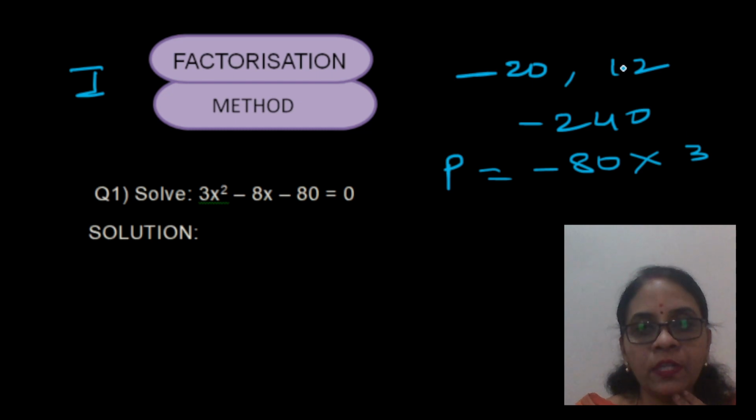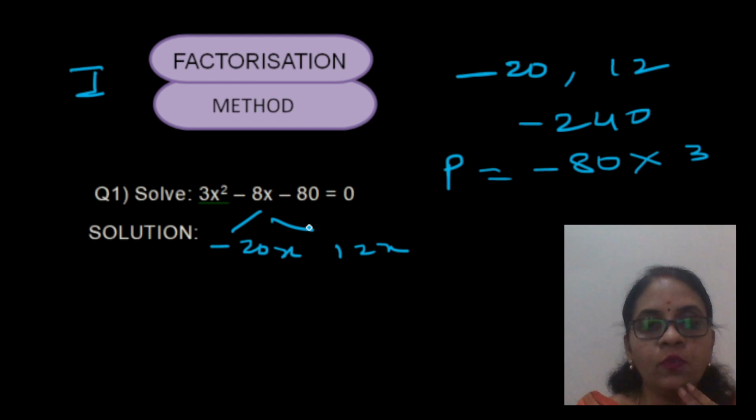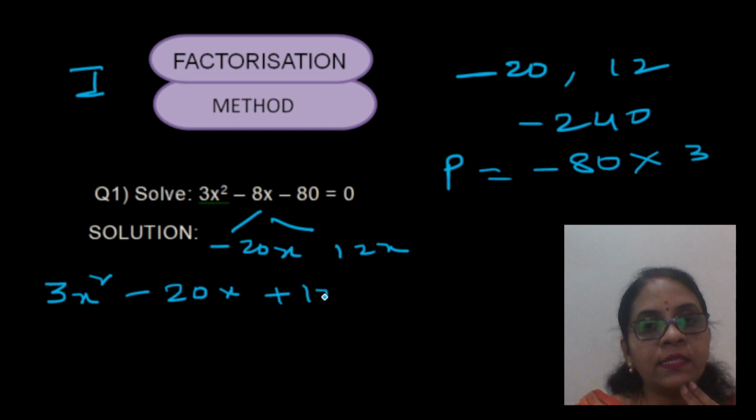This is your rough work, children. So you're splitting your middle term as minus 20x and 12x. This also you need not show, I am just showing you what is factorization. So all that you have to start doing is that 3x square minus 20x plus 12x minus 80 is equal to 0.